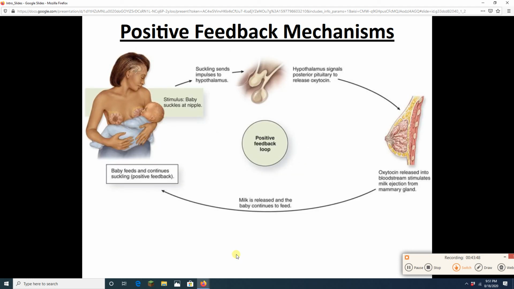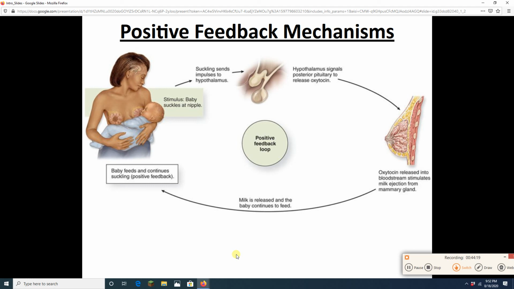One more example, the final one, is the milk ejection reflex. When the baby starts drinking, the baby stretches mom's nipple, which stimulates the brain to release oxytocin. Hey, same hormone we had for childbirth. Oxytocin causes milk ejection, which causes the baby to drink even more, stretch the nipple even more, and get even more milk, continuing until the baby is full and unlatches.